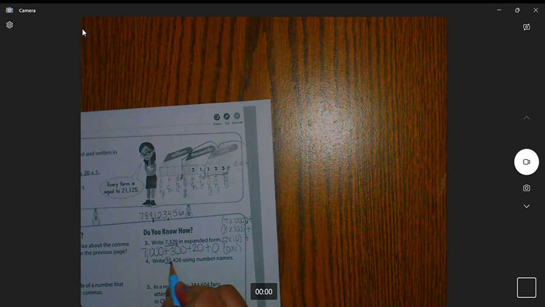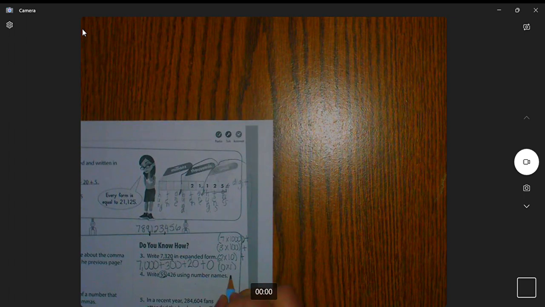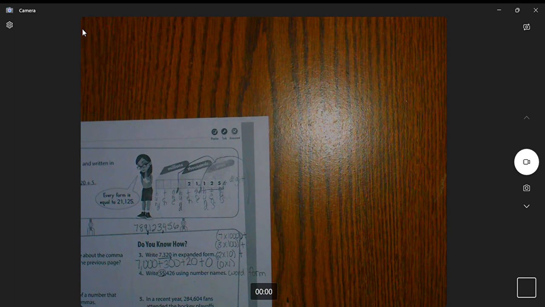So, this number I look at as a whole because I can't say 50,000, 5,000. That would be breaking it up into expanded form using number names, or what I would call word form. That's a term you see on standardized testing.